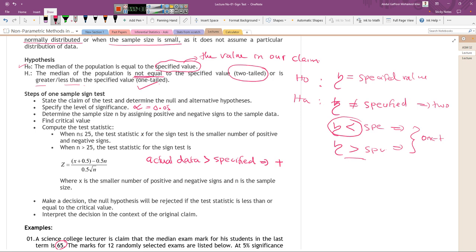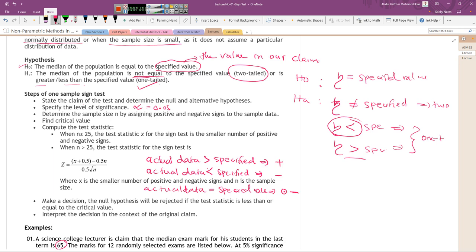In contrast, if our actual data is less than the specified value, we assign a negative sign. I am just talking about the individual points. If the actual data point is equal to the specified value, we assign 0.